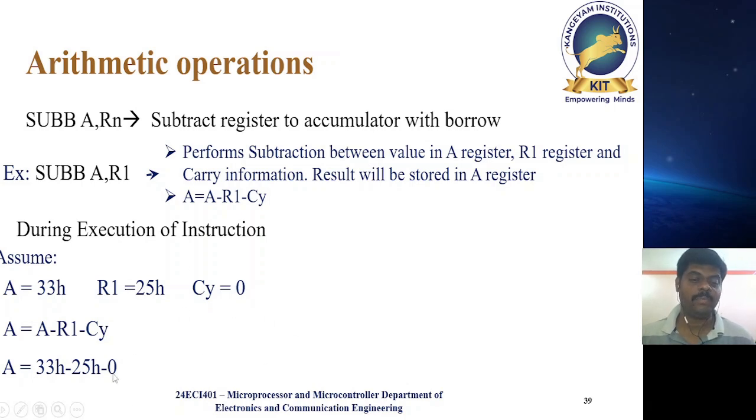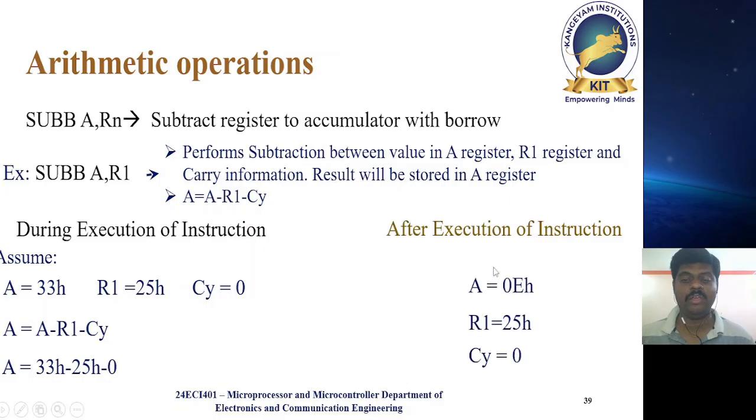Borrow here means the carry information. Since carry is 0, it is included in the subtraction. 33 minus 25 gives 0E. So this is what happens with SUBB A comma R1.